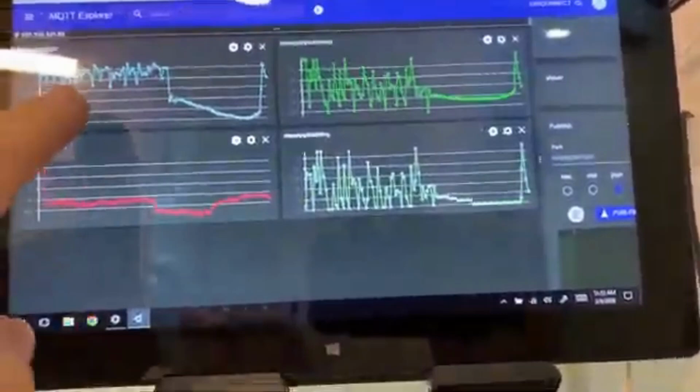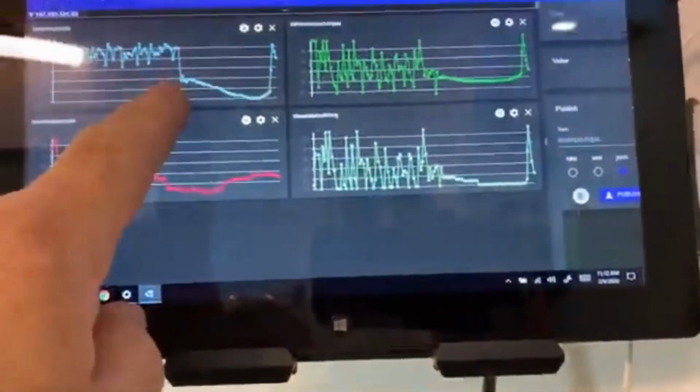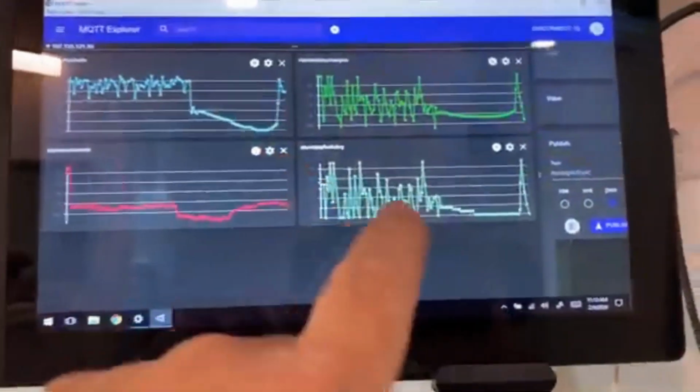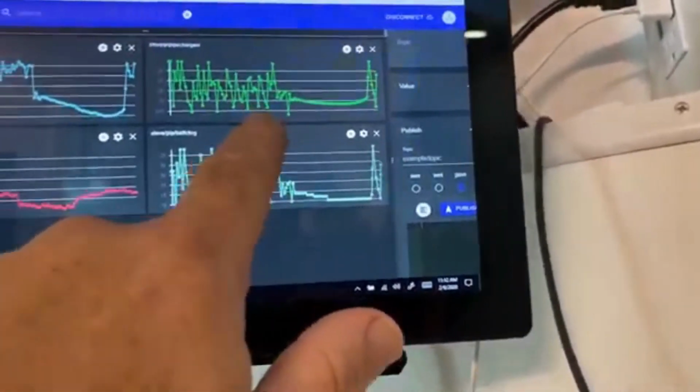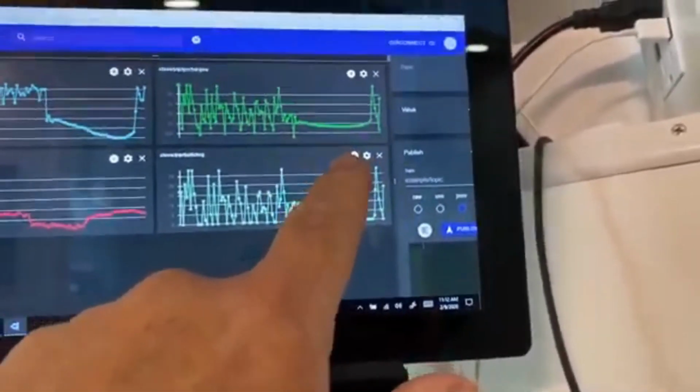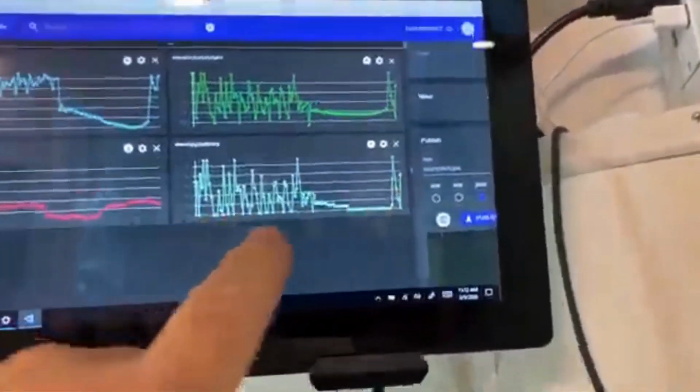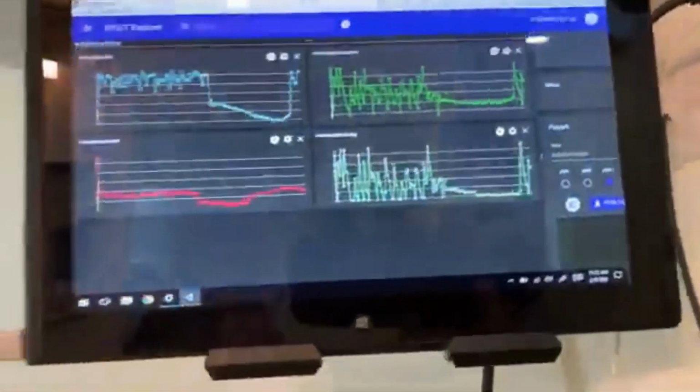So you can see that the sun kind of went behind the clouds here and the voltage started dropping. And the same thing here, the amperage or the watts that we were producing went down. Now that the sun's coming back out, it's all kind of spiking back up again.